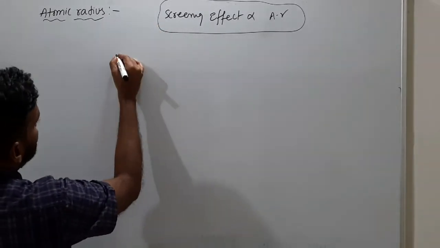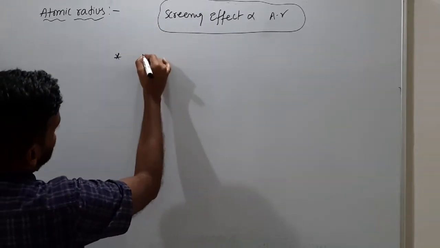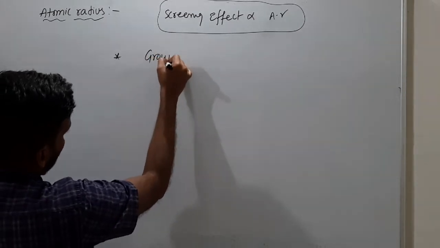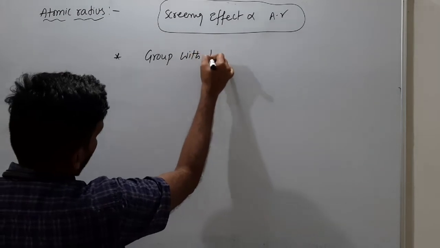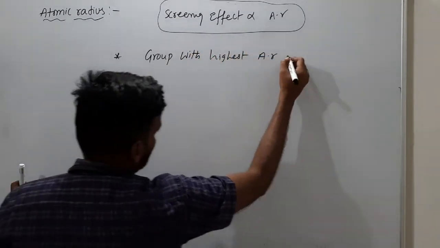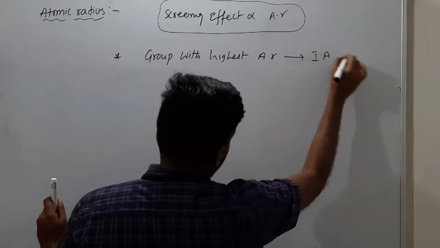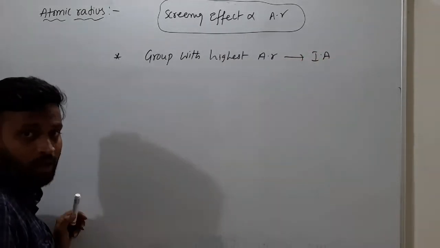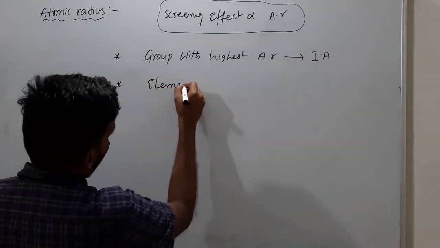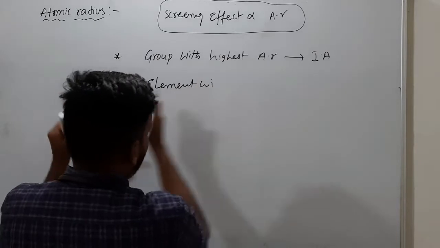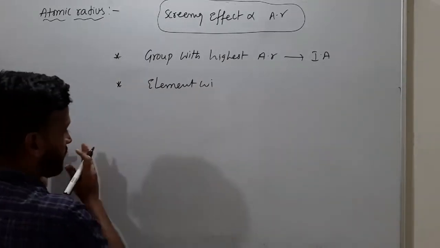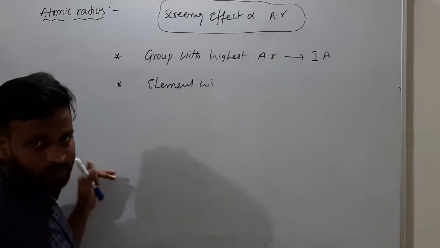And one more thing, the final conclusion: if they ask for the group with the highest atomic radius, it is the 1A group elements, because left to right atomic radius decreases. Noble gases also have more, but comparatively noble gases and 1A group elements have more radius.